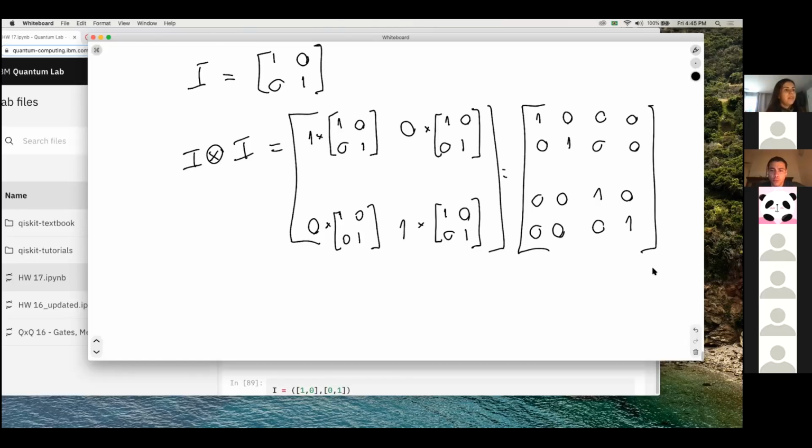So what we have here, I'm going to diminish this gap just to make it prettier.